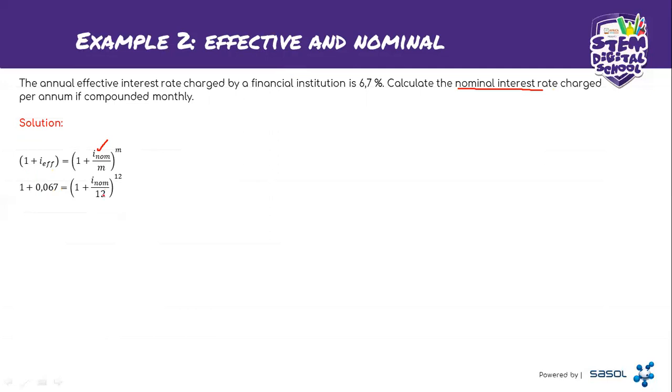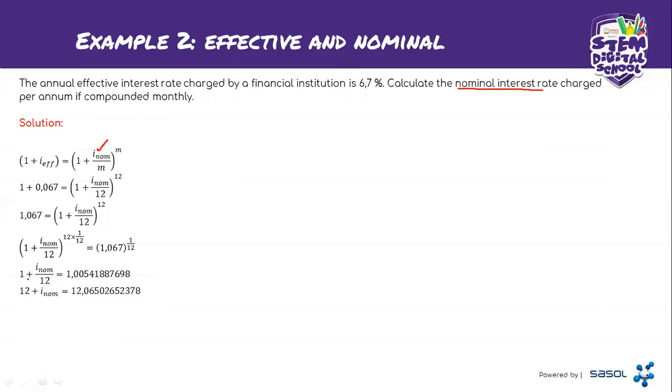0.067, and then 12 of course is compounded monthly. Then this is what we are having this side. Now we get rid of this exponent 12 by multiplying with the reciprocal. You can see that. Now we are having this one. Then, because we want to get rid of this fraction, you can see we have a fraction there, we're going to multiply each term with the denominator of that fraction, which is 12.